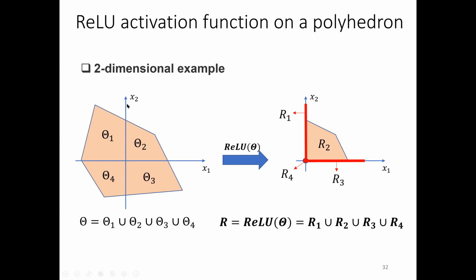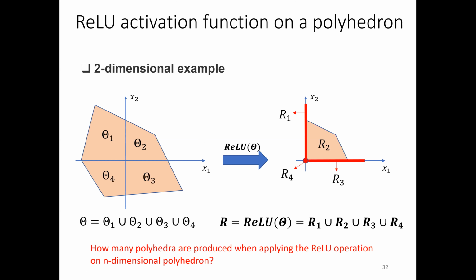Thank you. Okay. So in general, we're gonna have 2 power n polyhedra, right? Here it's just a single layer. When you count up several layers, the number of polyhedra is gonna explode. The output of one layer is the input for the next layer.